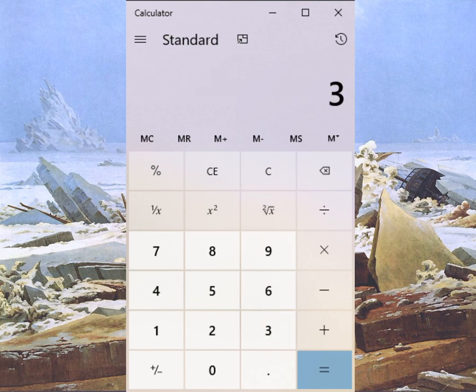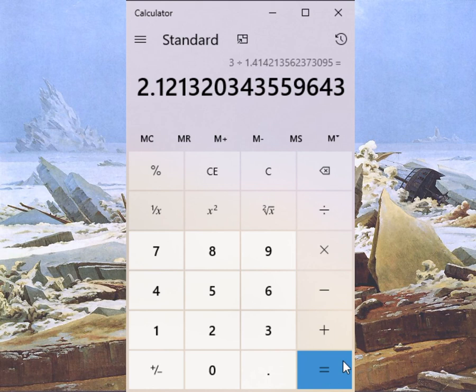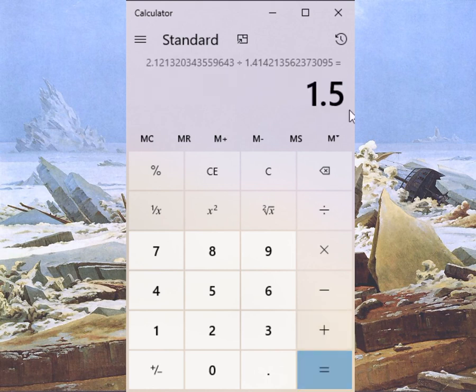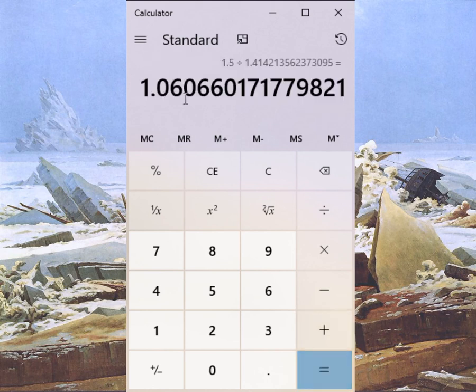Now I'll do 3 divided by square root of 2, and you see I can divide it 3 times before I get a number between 0 and the base. So that's the point here. You might think, well, 2 base square root of 2 is 100, and 1 base square root of 2 is 1.